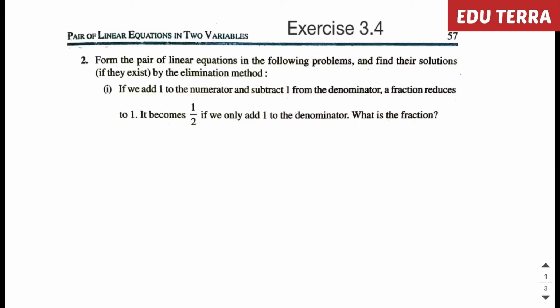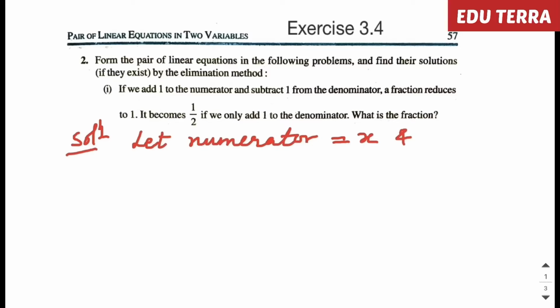So let us assume, solution, let numerator equal to x and denominator equal to y.